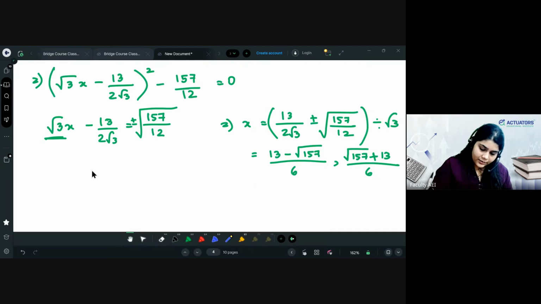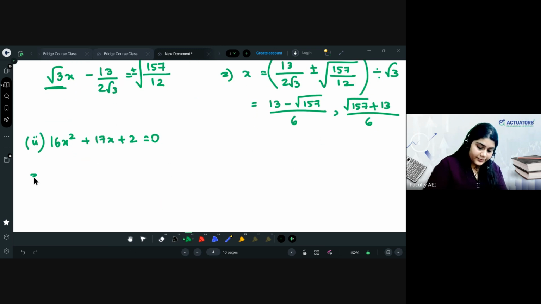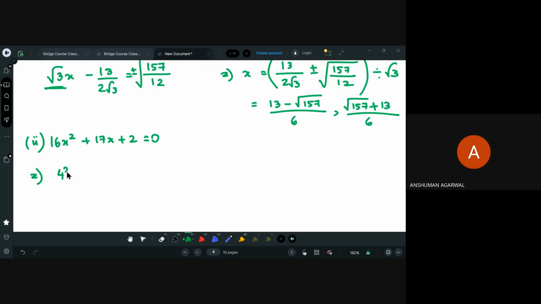16x square plus 17x plus 2 is equal to 0. क्या एक बार क्वेश्चन बोलो ना. I want you all to tell me how are we breaking it up into a square. What is p? 4.